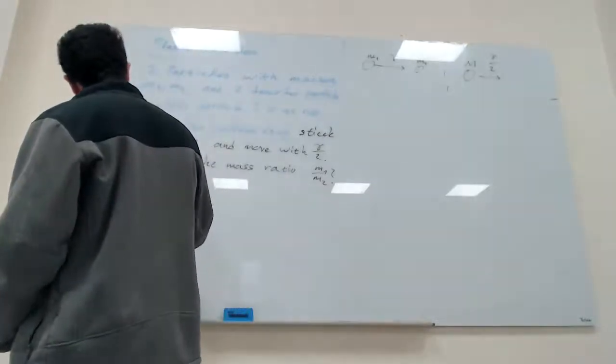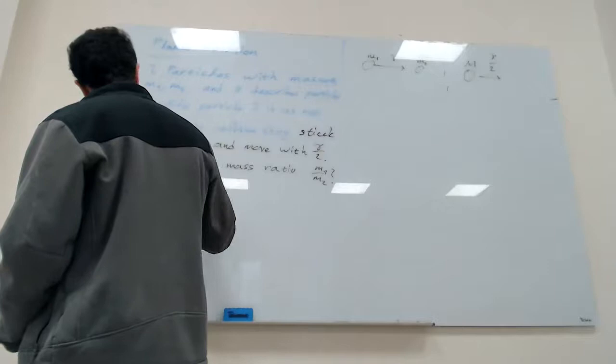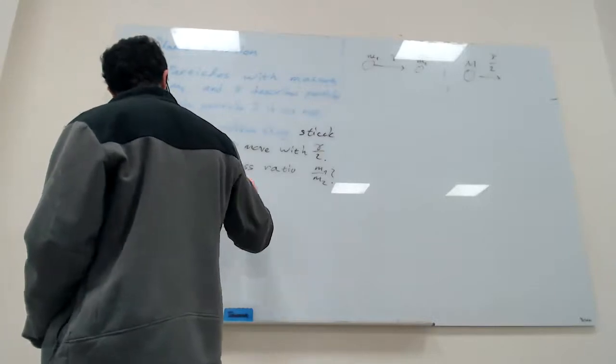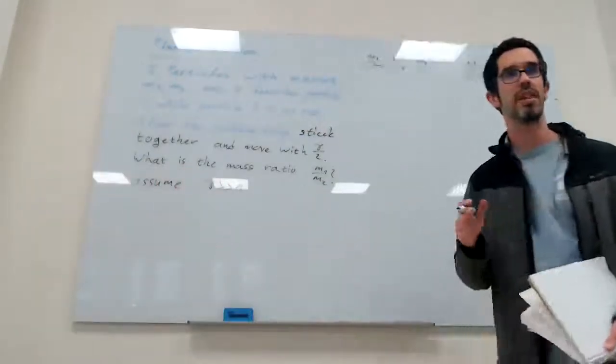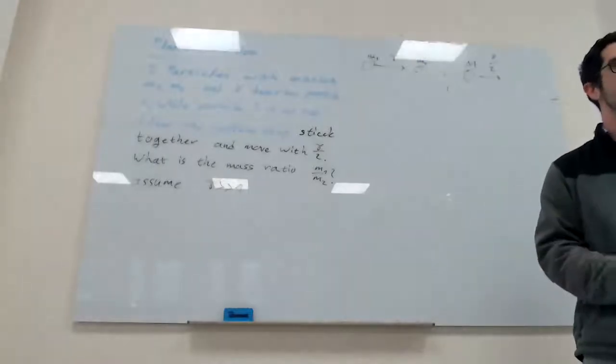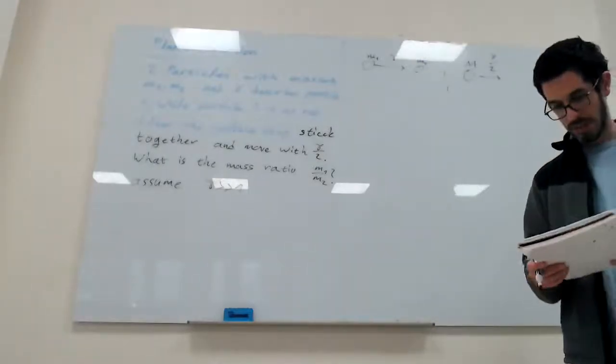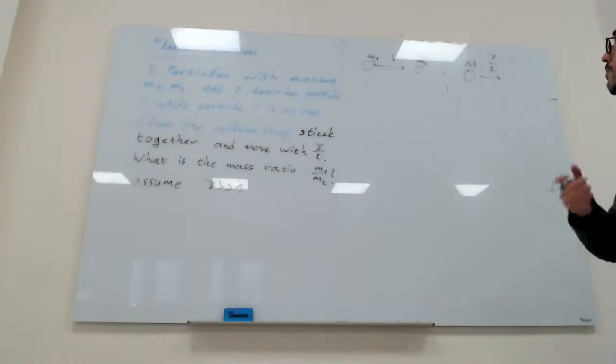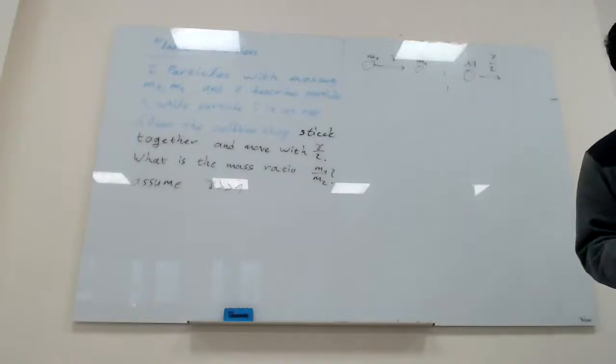Assume gamma is much greater than 1, like we are talking about relativistic speeds. So how do we do it?